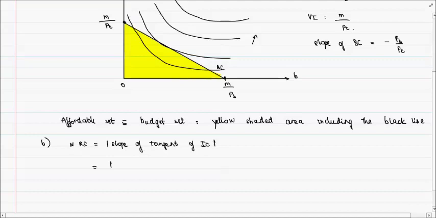And the marginal rate of substitution is nothing more than the absolute value of the slope. So basically just get rid of the negative sign. When we talk about a marginal rate of substitution, we're talking about a positive value.